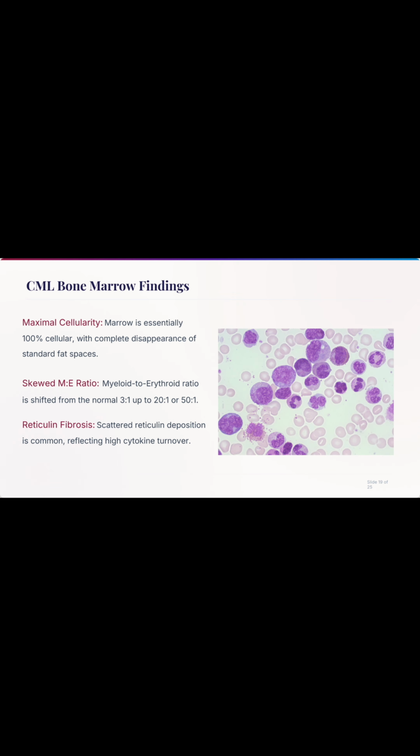The myeloid to erythroid ratio is shifted from the normal, that is 3:1, up to 20:1 or 50:1. That is, myeloid are increased in number to 6 to 10 times. Reticulin fibrosis. Scattered reticulin deposition is common, reflecting high cytokine turnover.